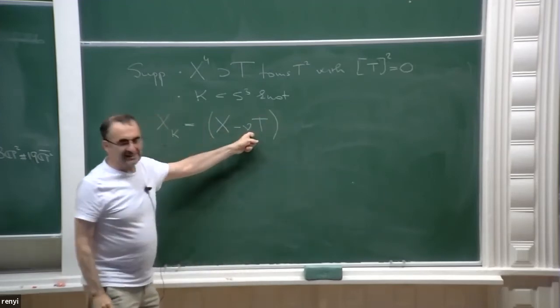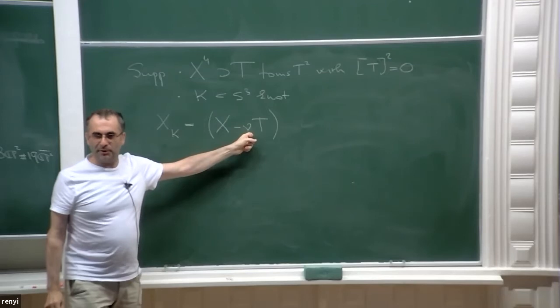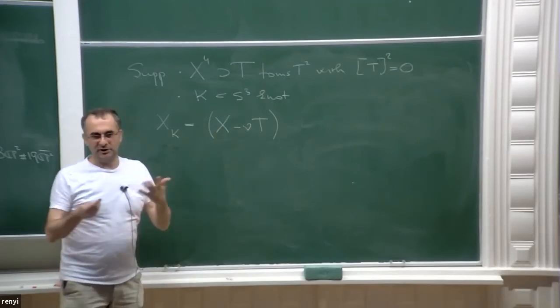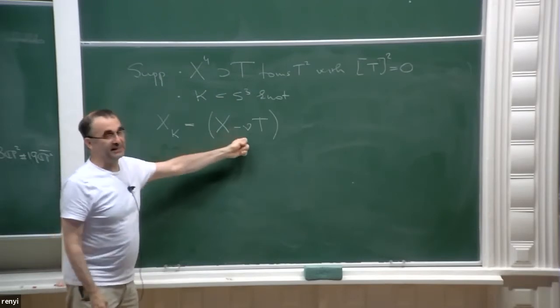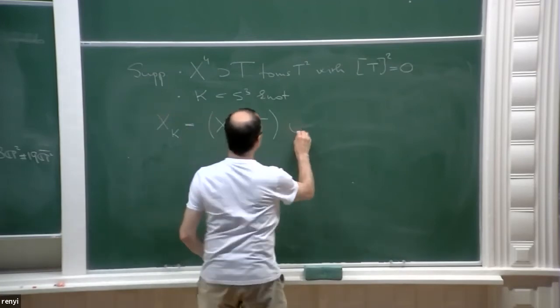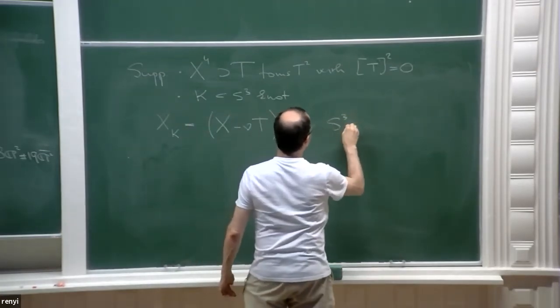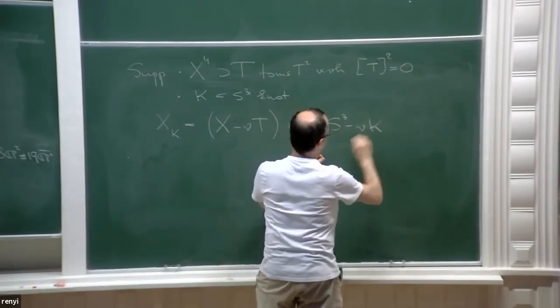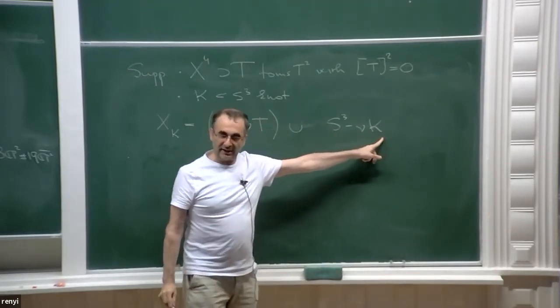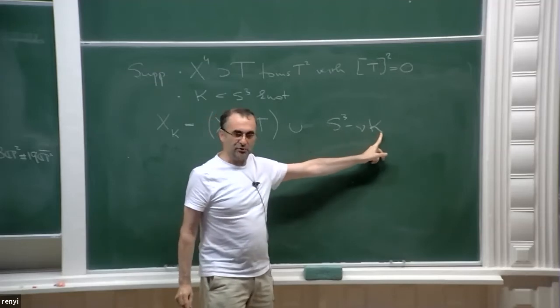When I write this, I always imagine that it's an open neighborhood. So the result is still a compact manifold with boundary. And in this case, the boundary will be the three-dimensional torus T3. And we glue S3 minus the neighborhood of the knot.